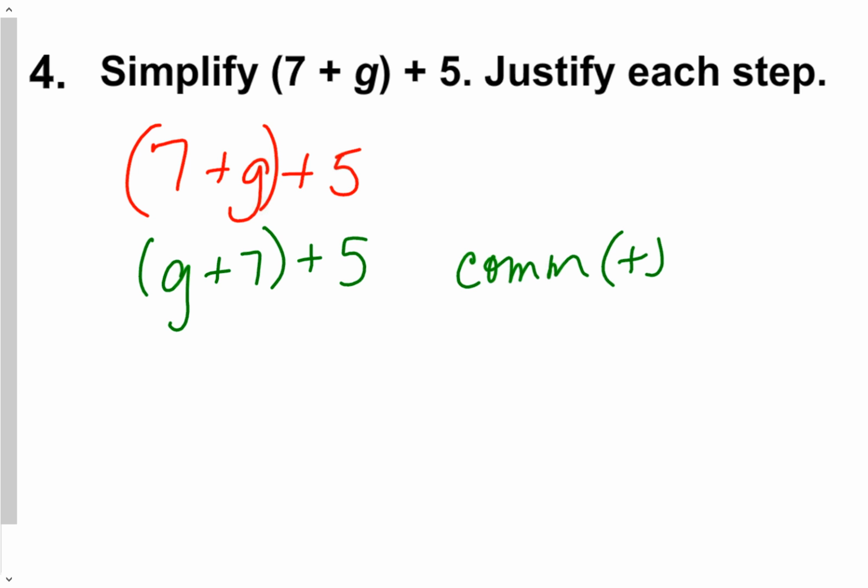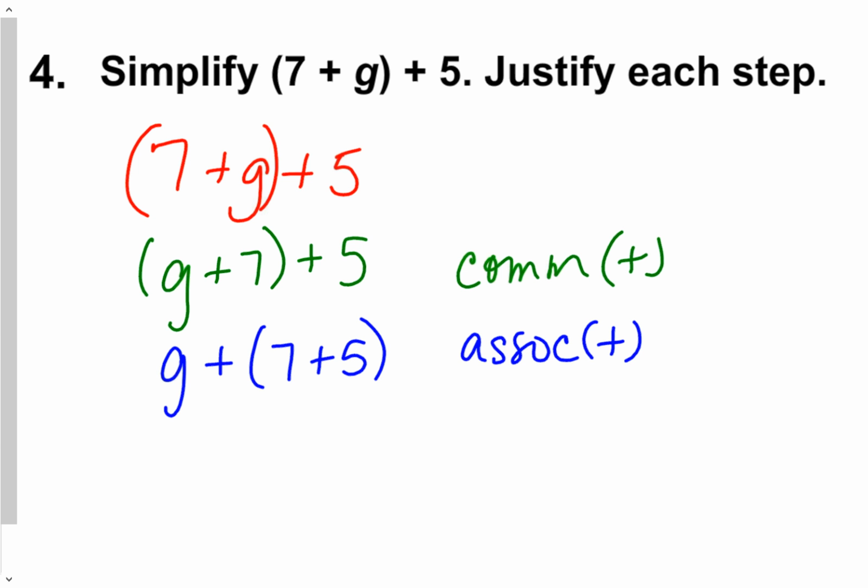Now I want to combine my numbers together, so I'm going to group my numbers first. If I want to change the grouping, that's the associative property of addition. So now I can go ahead and add: g plus 12. Now I cannot combine g plus 12 and make it 12g because you can't combine a letter and a number.